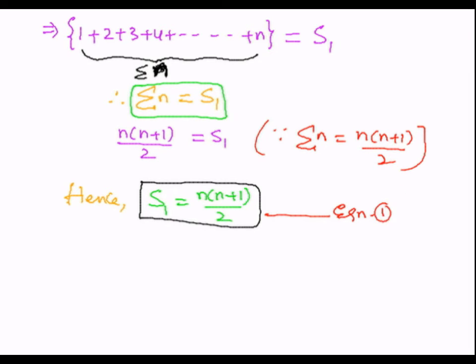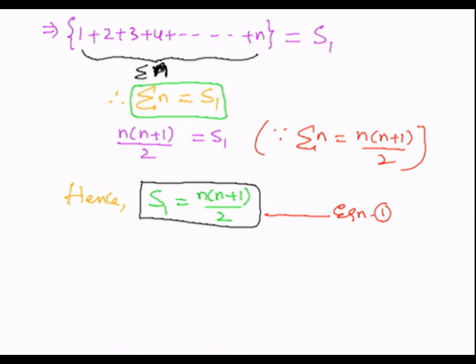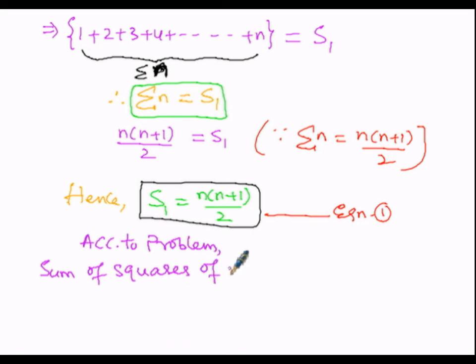Then in the next case, as per the question, the sum of squares of n natural numbers is given by means of S2, and in a similar manner the sum of the cubes of n natural numbers is given by means of S3. Now according to the problem, sum of squares of n natural numbers is given by means of S of 2.